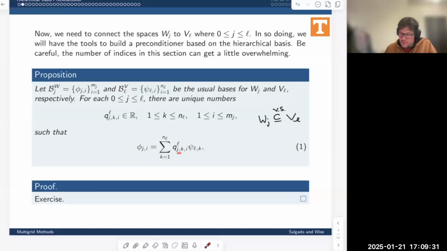The indices aren't so important. I just have to know here I'm summing from k equals 1 to N_l because there are N_l basis elements. Here, for this relationship to hold, i has to be between 1 and M_j because it has to hold for each one of these basis elements. So the proof of this is really nothing. I would just argue, if you know this, then this has to be true. This is because there's a basis representation. One line proof, done.